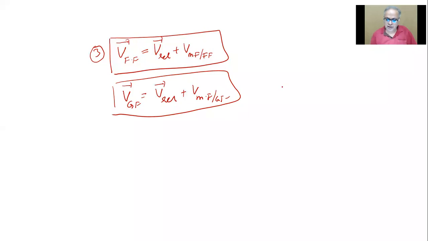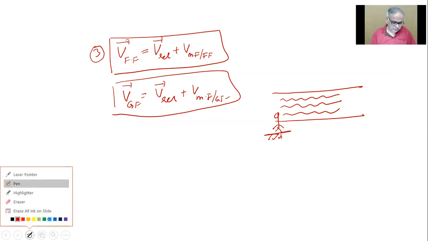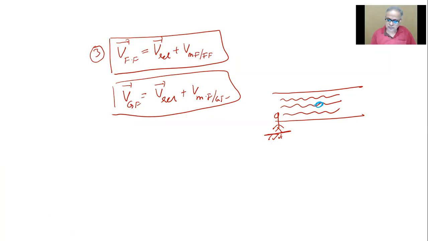What is a fixed frame? I'll give an example. Tomorrow I'll elaborate it. There's a river flowing like this. You stand on the banks and watch a swimmer. The river velocity is, say, 2 km per hour, and the person can swim with respect to the river with 4 km per hour.